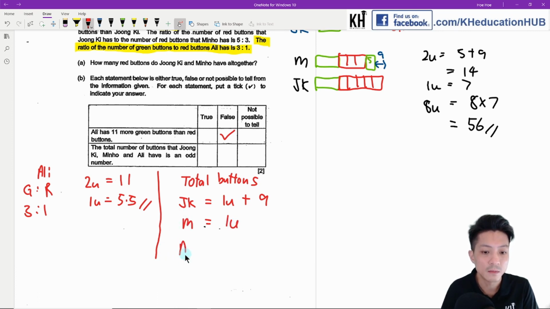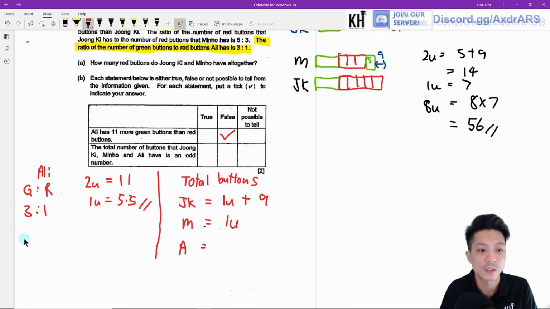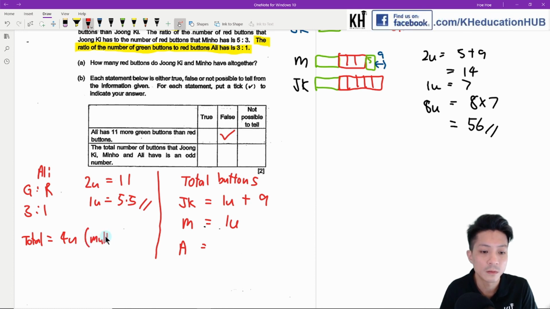Okay, for Ali, we know that the number of buttons that Ali has should be an even number, because in this case the total is 4 units, which suggests that the total is a multiple of 4. Okay, and all the multiples of 4 are even numbers.